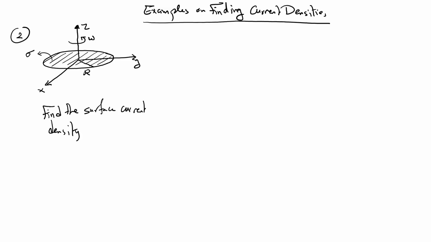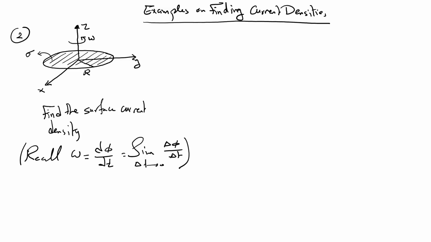What we need to recall about angular velocities is the following, that omega by definition is d phi by dt, which is the limit as delta t tends to 0 of delta phi by delta t. So this will be useful for our analysis.